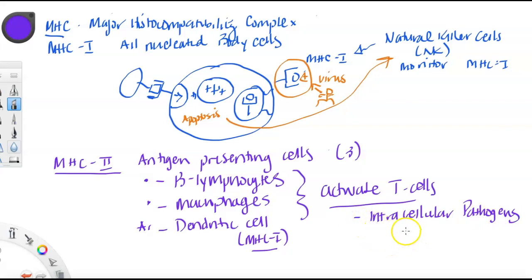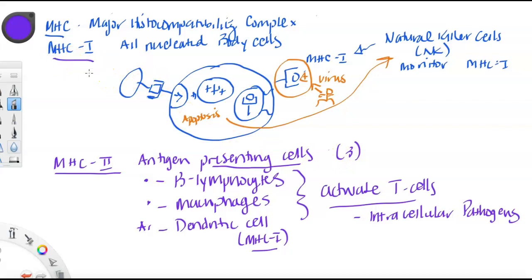Okay, so they're looking for viruses, they're looking for cancers, they're looking for things that are inside of the cell. Okay, so they have to have their antigen presented to them. Okay, please don't get that confused.